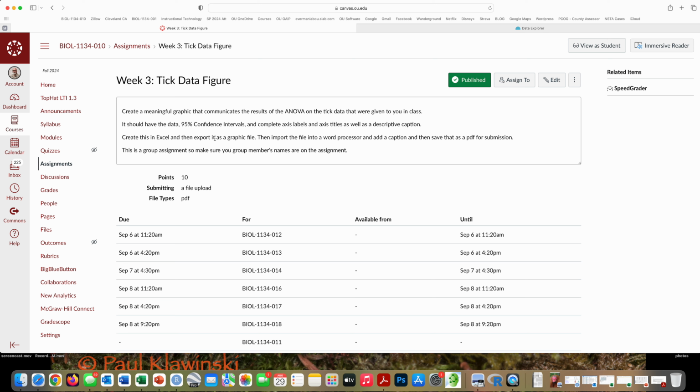When they finish doing their tick analysis by themselves, they should get together and compare results with one another, or maybe even put those into the Data Explorer and have it calculate the ANOVA for them. That will also give them the means and the things they need to calculate a confidence interval. They need to turn that in as a group, and make sure that everybody's names are on it.